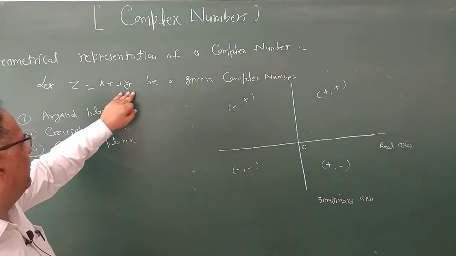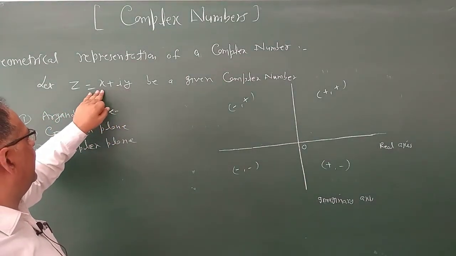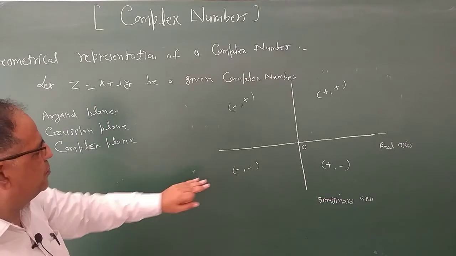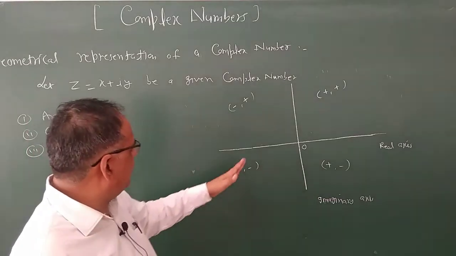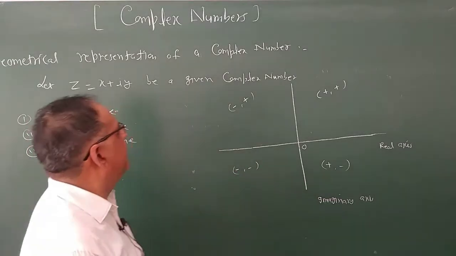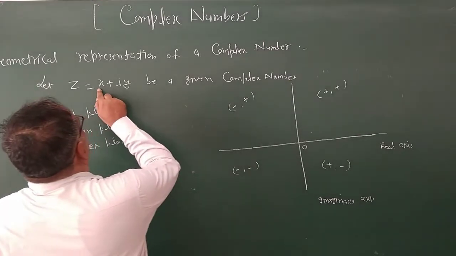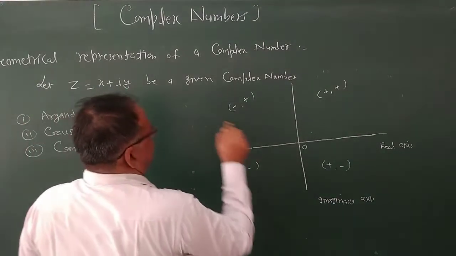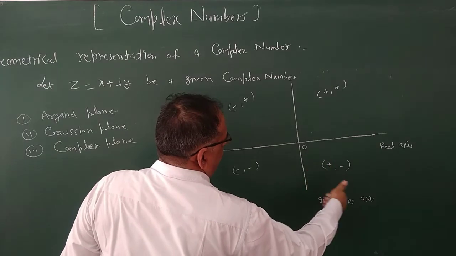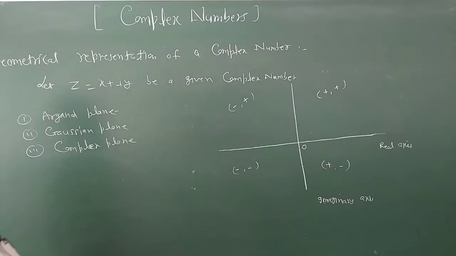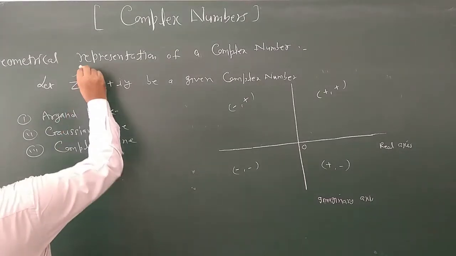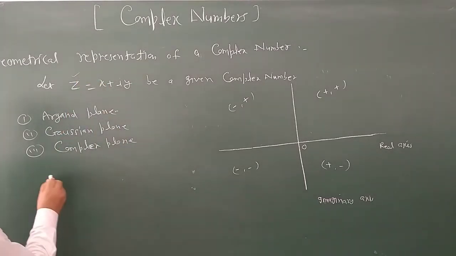If both the real and imaginary parts are negative, then the complex number lies in the third quadrant. And finally, if the real part is positive and the imaginary part is negative, then the complex number lies in the fourth quadrant.